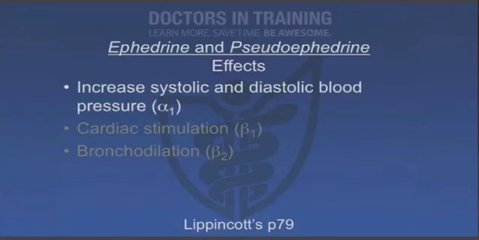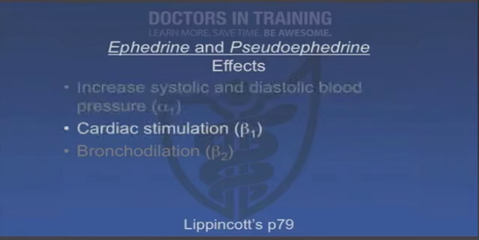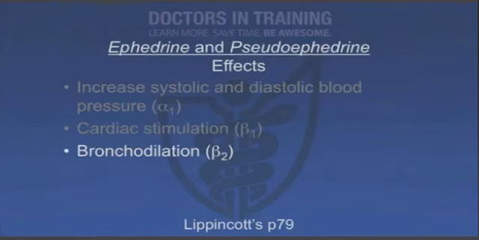Ephedrine is going to increase the systolic and the diastolic blood pressure by vasoconstriction, alpha 1, as well as cardiac stimulation, beta 1. Ephedrine and pseudoephedrine are going to also cause some degree of bronchodilation, beta 2, but it's really less potent than epinephrine or isoproterenol.